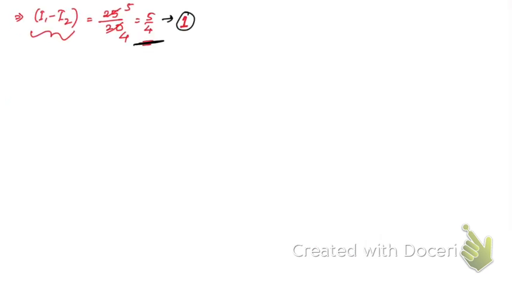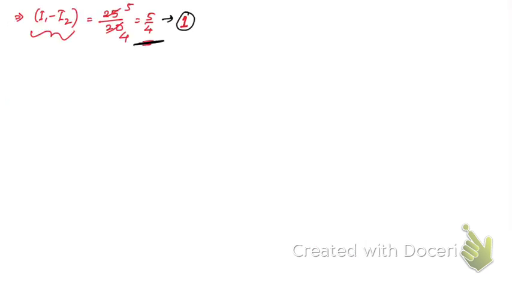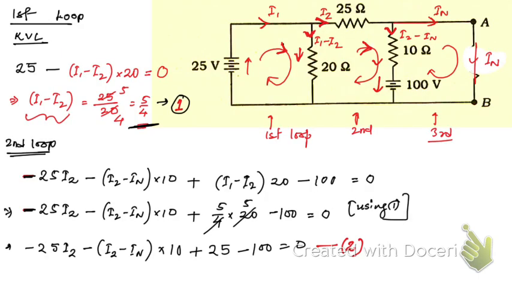So let me write this equation 1 here, and let me copy this equation number 2 as well. This is equation number 2, and let me take the diagram again. So these are the two equations. Now let me go back to the previous slide and take the screenshot of this.